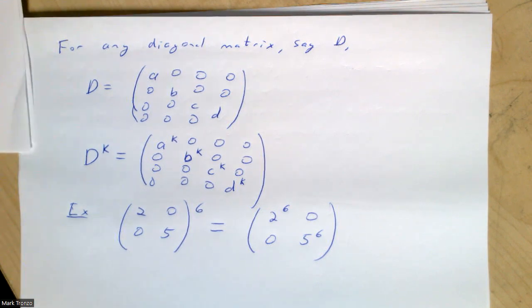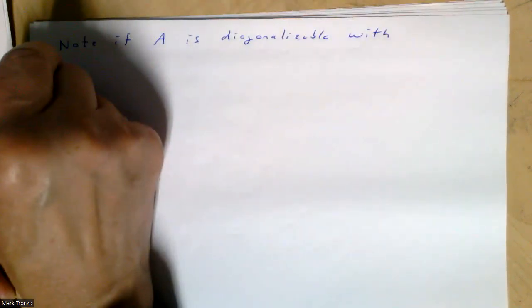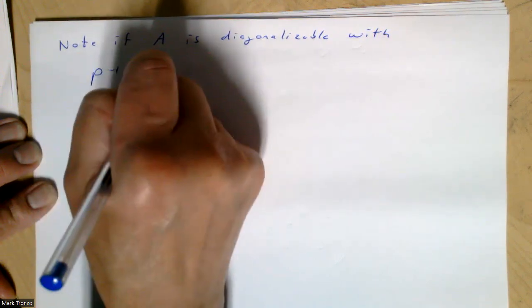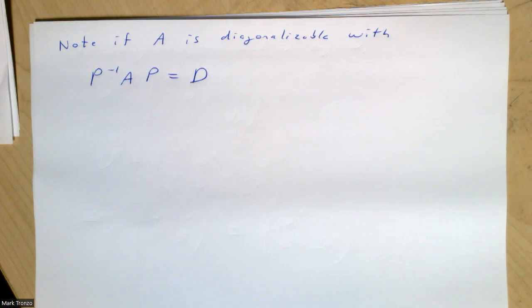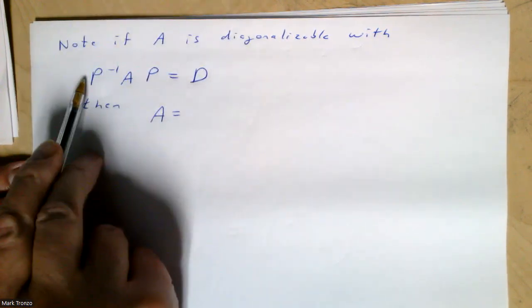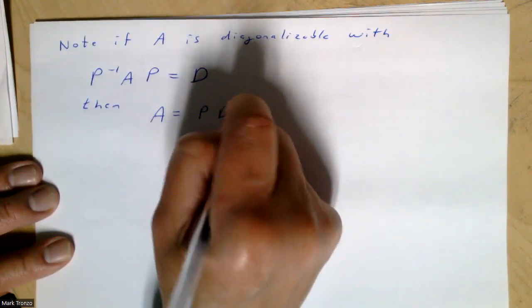So this leads also to something very interesting. Note if A is diagonalizable, with say P inverse A P equal to D, then, of course, remember, if we multiply on the left by P and on the right by P inverse, we can also write A equals P D P inverse.